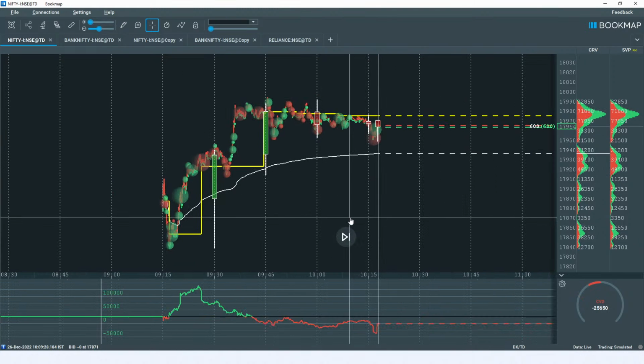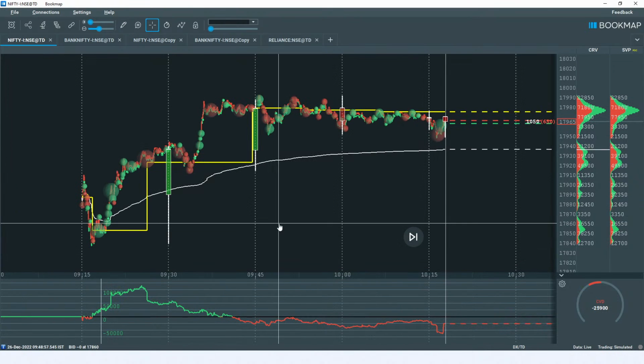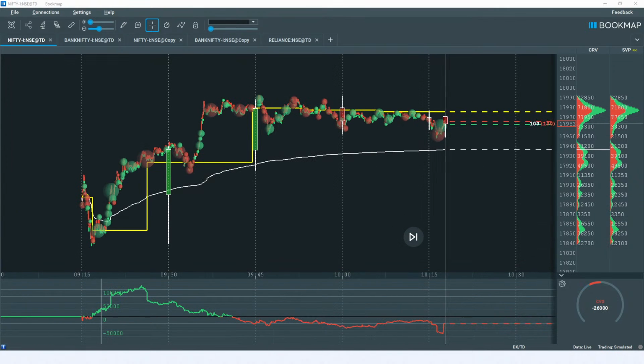Okay, so point of control, again I want to repeat, helps us identify the immediate change or immediate shift in the trend. So if it is consistently making higher highs, that means it indicates a healthier uptrend because it shows the acceptance of higher level prices. All right, so I hope this is clear.